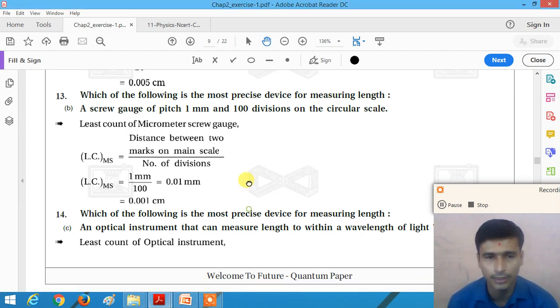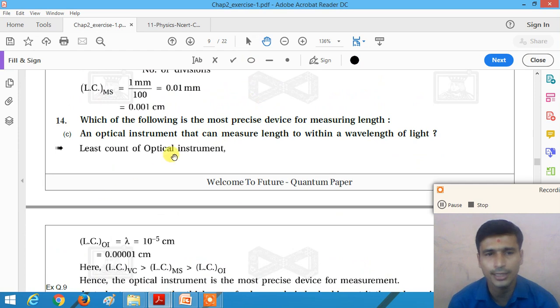And third one is the optical instrument that can measure length within the wavelength of light. So dear student, the wavelength of light is of the order of 10 raised to minus 5 centimeter. So the least count of the optical instrument is 0.0001 centimeter.